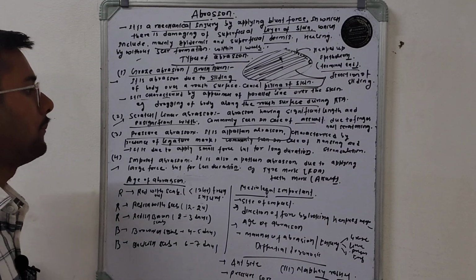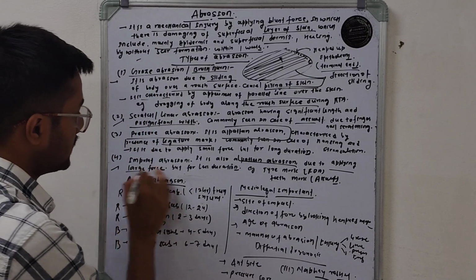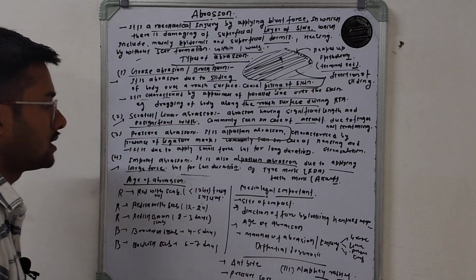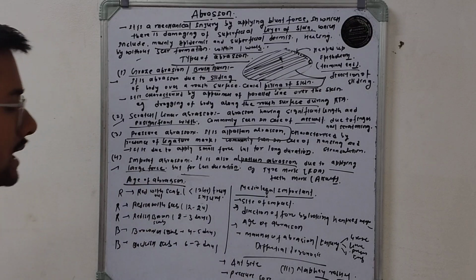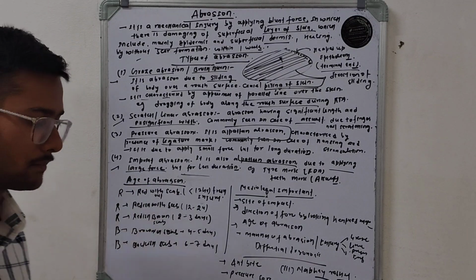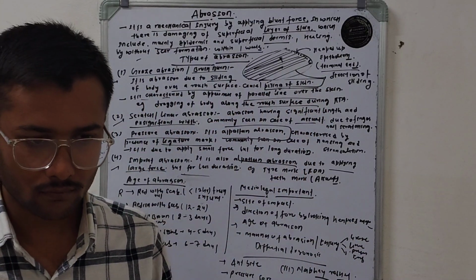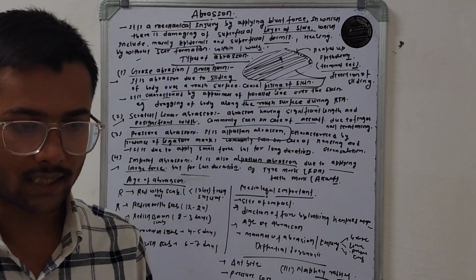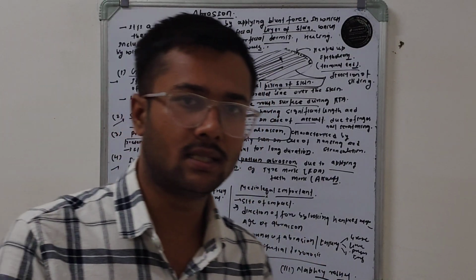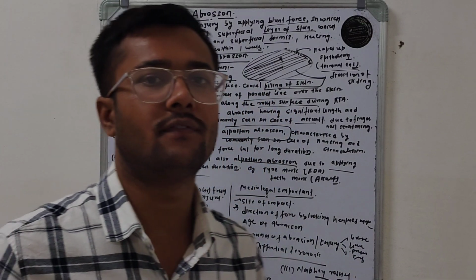Okay, the fourth thing is impact abrasion. It is also a pattern abrasion, due to applying large force for a short duration of time. What is the difference between pressure abrasion and imprint abrasion? Both are types of pattern abrasion, but in case of imprint abrasion there is large force applied for a short interval of time.